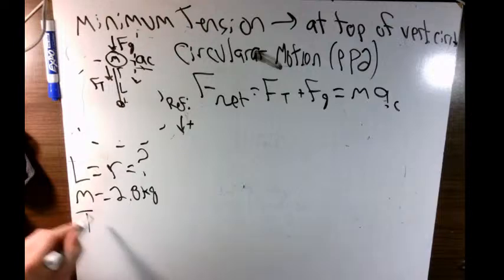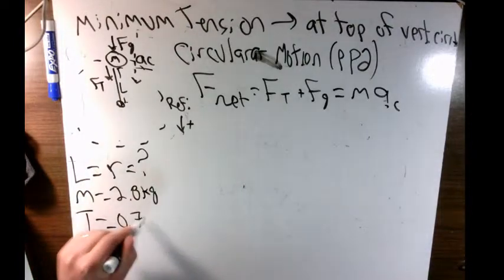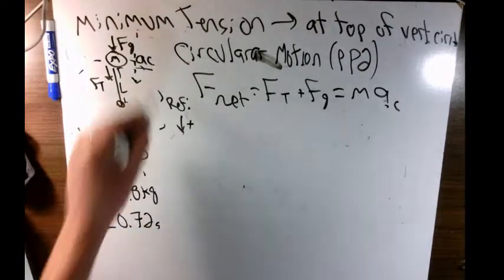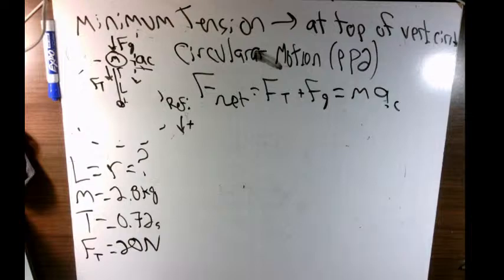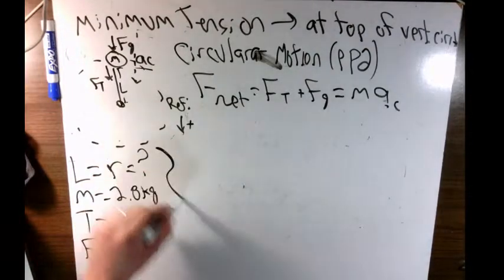Now we also have our period, which is 0.72 seconds. So every time it goes around, it takes 0.72 seconds. And we know that Ft in this scenario, when it's at minimum, is equal to 20 newtons. Now we're looking to see which of our centripetal acceleration formulas we can use.